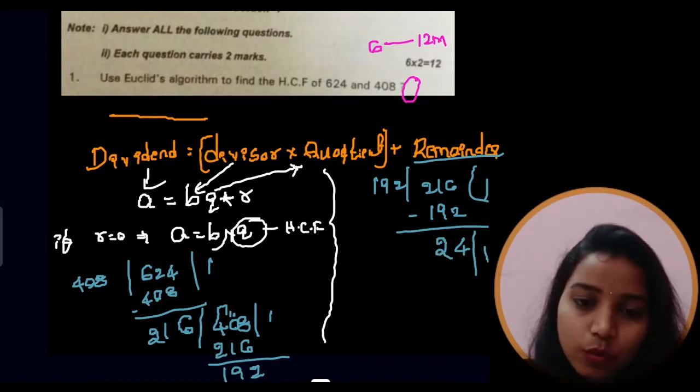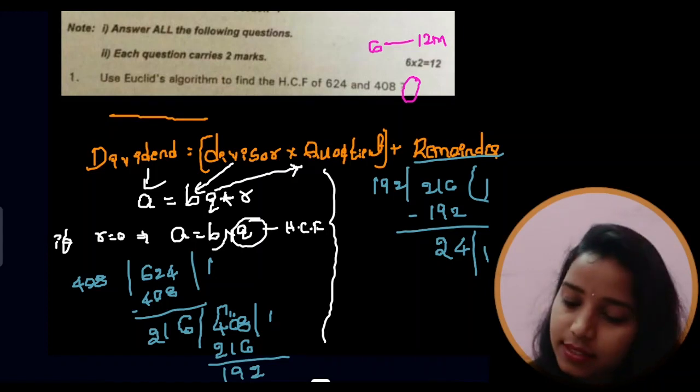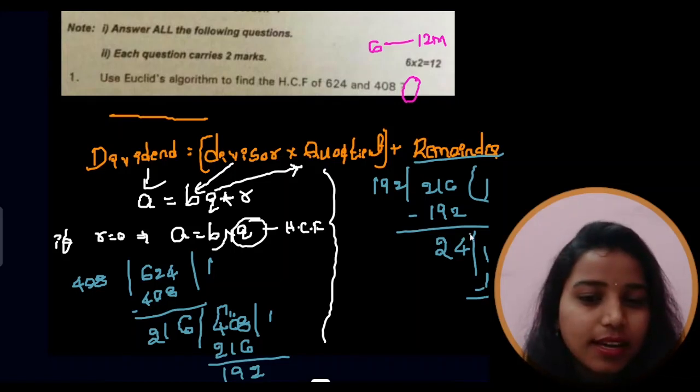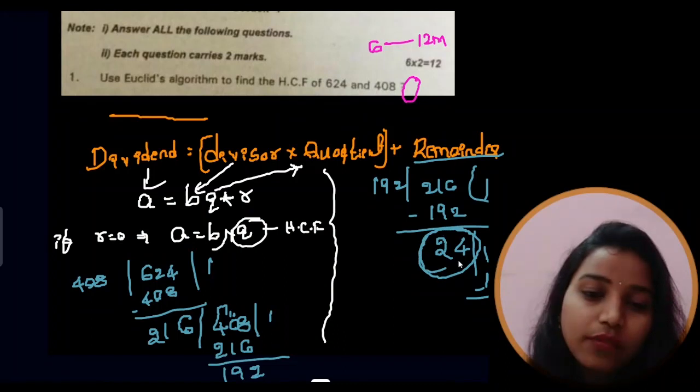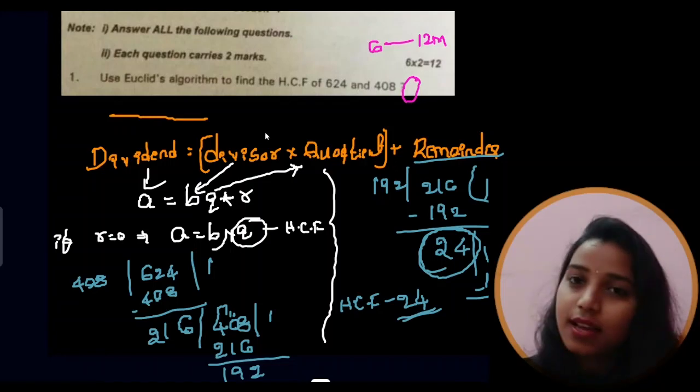Then 192 by 24: 24 eights are 192, so if you subtract it, you will get 0. So at this divisor we got a 0 remainder, it is 24. So the HCF of these two numbers is 24. This is done by Euclid's division lemma.